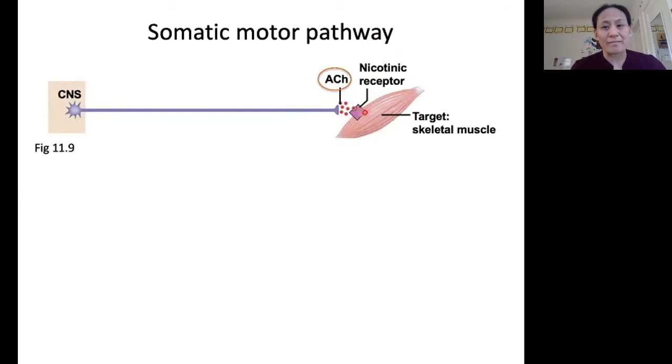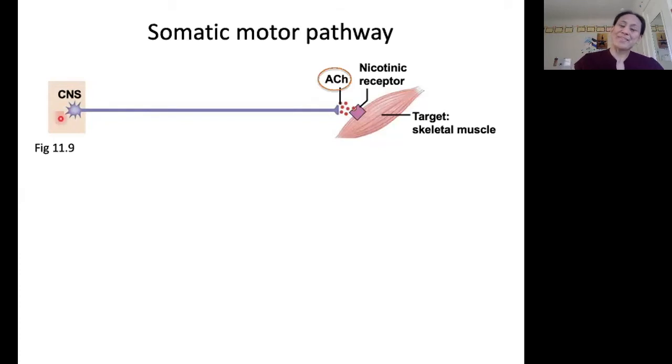One thing that I want to say about this pathway is that these neurons can be super, super long. These motor neurons originate in the motor cortex, which is part of our cerebral cortex, the outer part of our brain. They extend all the way to whatever skeletal muscle they're going to control, which means that the skeletal muscles in our toes are controlled by neurons that originate in the brain.